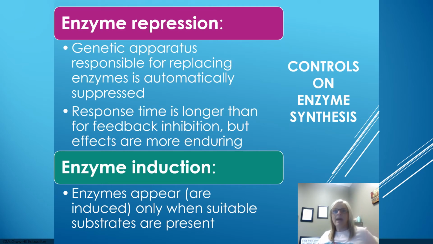This is called the lac operon, and it is an inducible enzyme. The lac operon is the area on the gene. So it keeps a microbe from wasting energy by producing lactase if lactose is not present. Pretty cool.